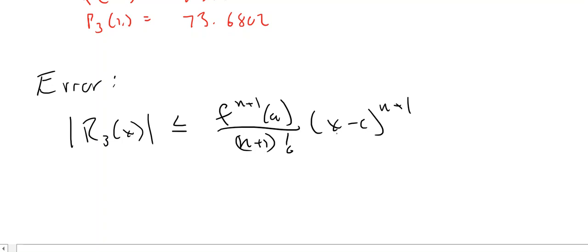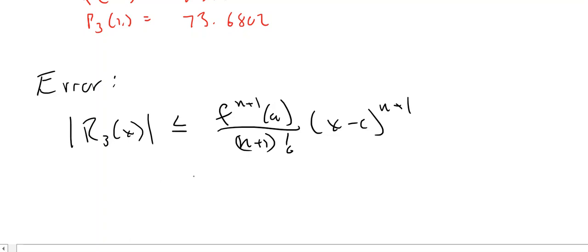Now that looks like a difficult thing to try to remember. But remember, all of this is the fourth term in our polynomial, our fourth derivative. This simply means the fourth derivative of f evaluated at a, which we already did, right?